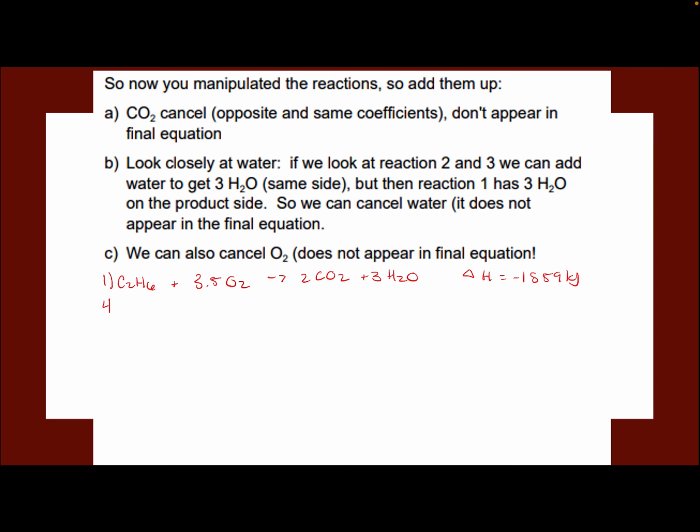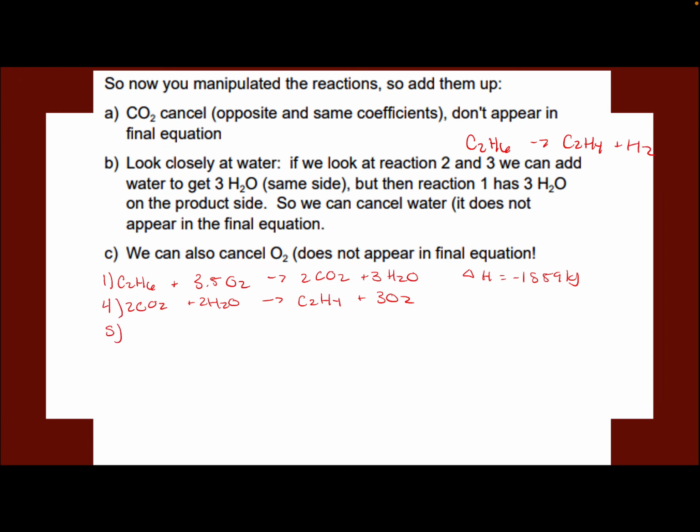Then we had number 4, which was 2CO2 plus 2H2O. That creates C2H4 plus 3O2. Remember what our end goal is. Our end goal, I'm going to write it up here, is C2H6 to C2H4 plus H2.